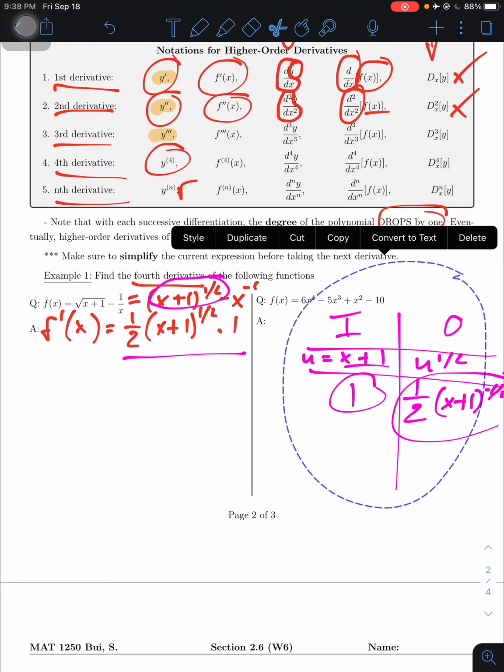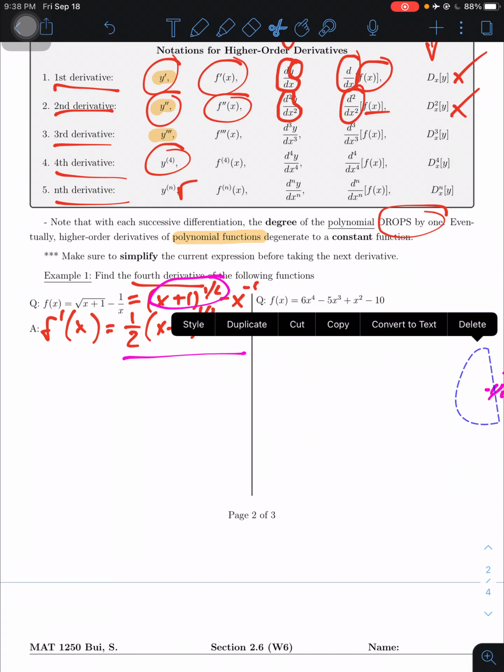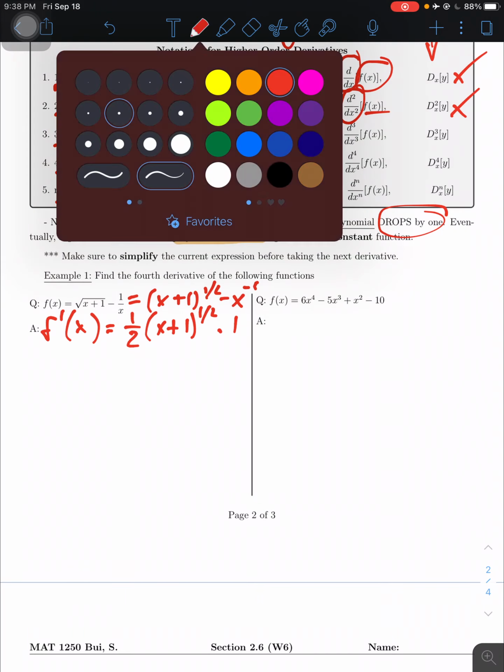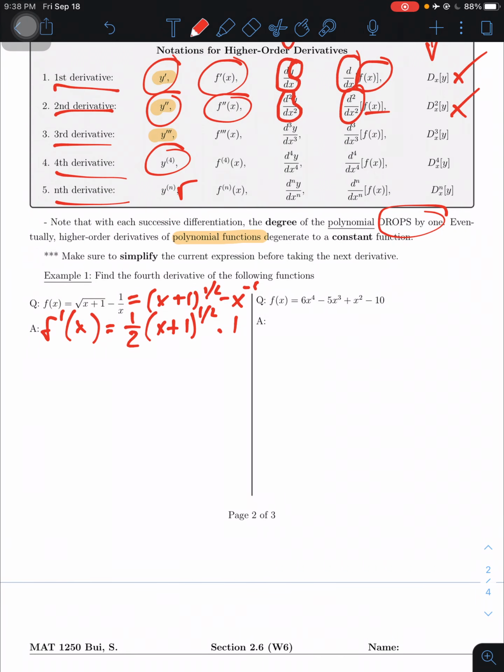And let me take this out of the way. Okay, for the second term, we're going to do the regular thing, because it's not in a group. The negative 1 comes down to the front, so we get minus and a negative 1, and the new power will be negative 1 minus 1, which is negative 2.